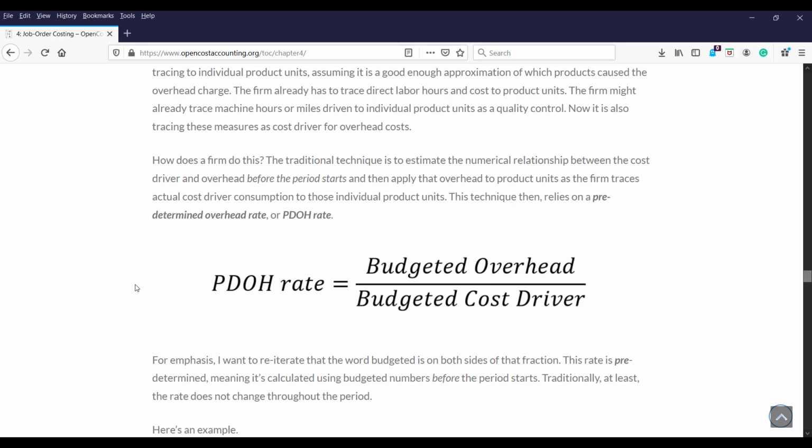And so as these jobs and orders come across the assembly line, we're going to charge them this PDOH rate as they consume direct labor hours, because we've assumed that the direct labor hours are an approximation of how much responsibility those product units, those jobs, or those orders, how much responsibility they have for the supervisor's salary. It's overhead costs we can't really trace to them. We're going to use an approximation of how much responsibility they have.